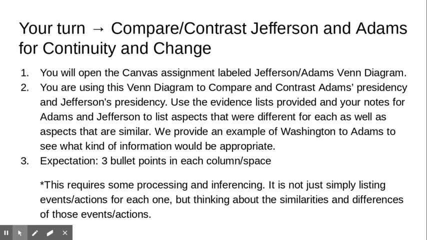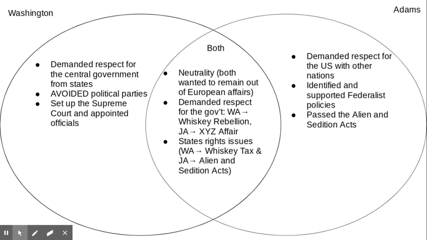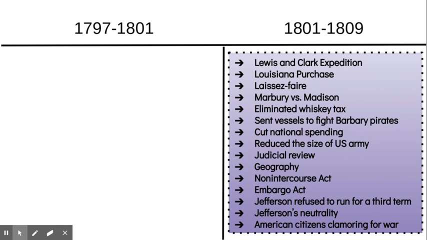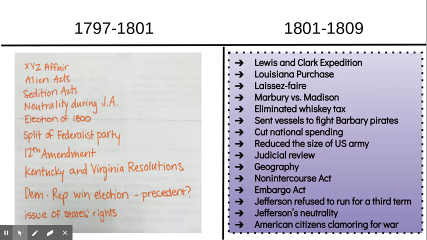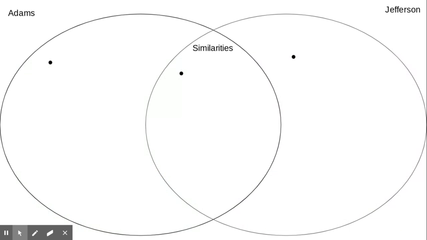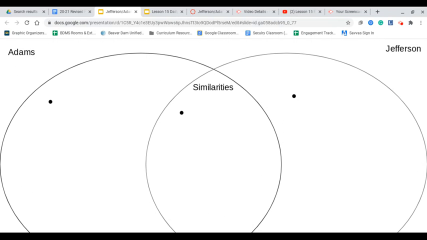This is all working us towards recognizing those patterns of continuity or sameness and patterns of change or difference. We give you an example between Washington and Adams to see how some of these things can be written out. Then here are your lists on slide 3. And lastly, here is your blank slate for your work between Adams and Jefferson.